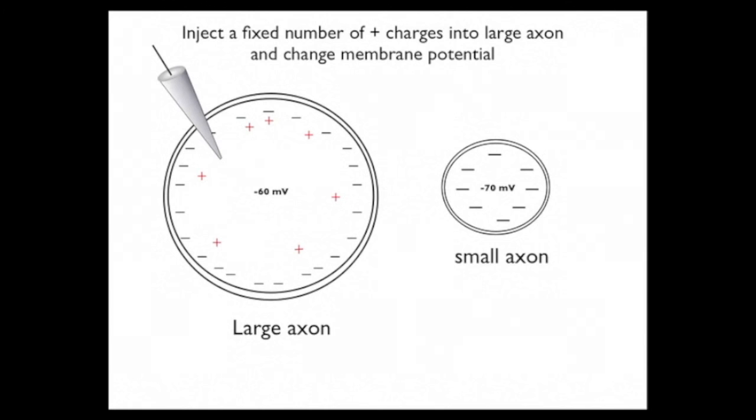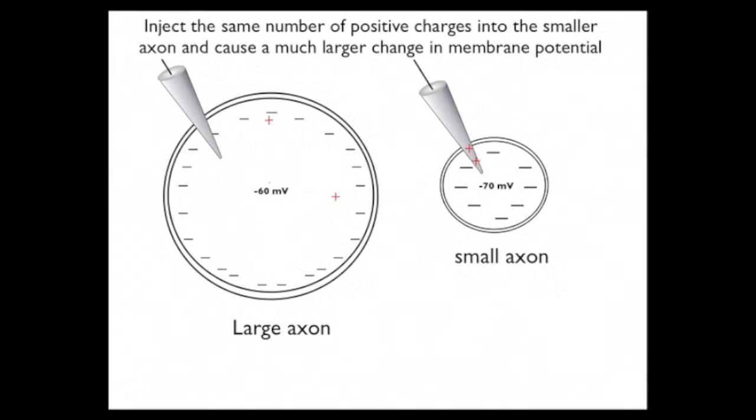All right, now here's the point. I can do exactly the same thing and inject exactly the same number of positive charges into the small axon, but the small axon has a smaller number of negative charges on the inside because it has a smaller capacity. That is, the capacitor doesn't store as many charges, it's smaller.